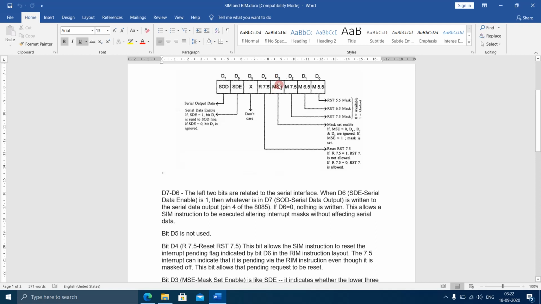When mask set enable is 1, these three lower bits will be either masked or unmasked. If this bit is 0, then these bits have no meaning and are not used. It means that when this is 0, the SIM instruction is not used for masking or unmasking.